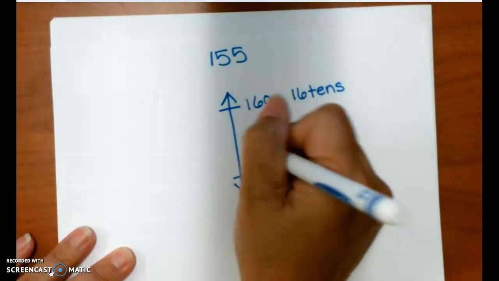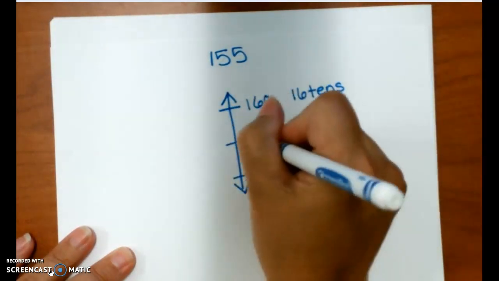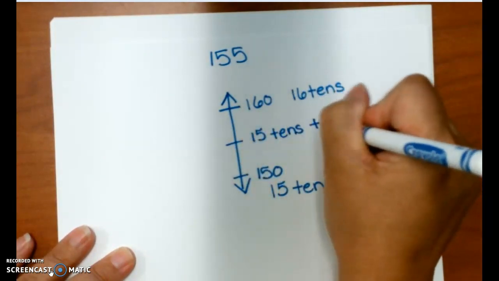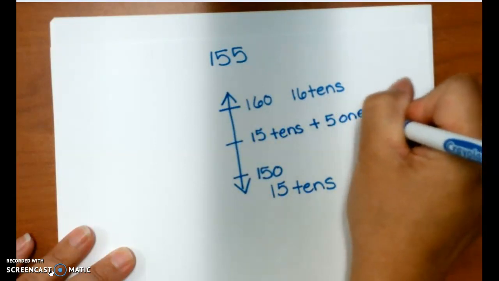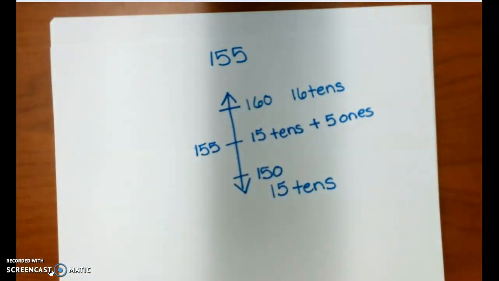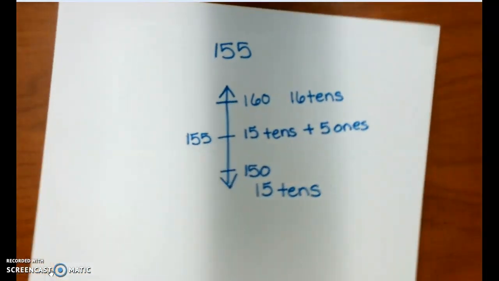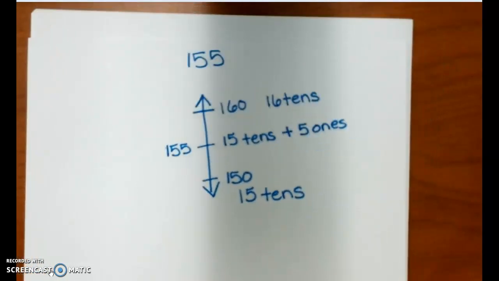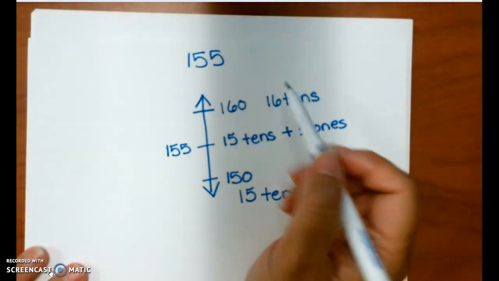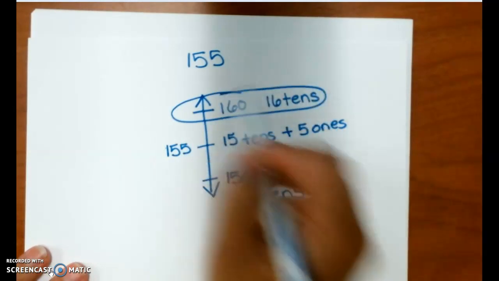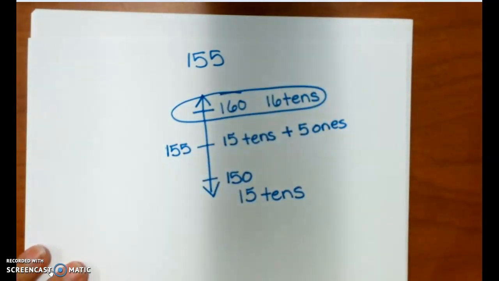In between, I have 15 tens plus 5 ones, which is 155. Now I know that when I'm rounding a number that ends in 5, I'm going to round up. So I'm going to round this to 160.